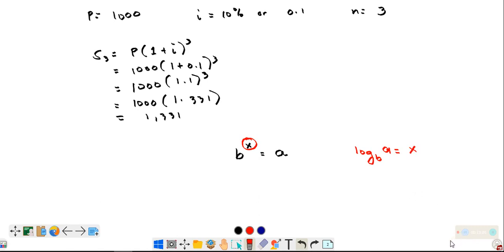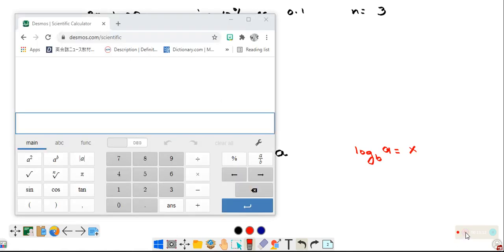So I will prepare a calculator and then give you an illustrative example.